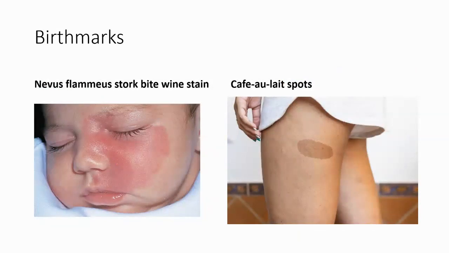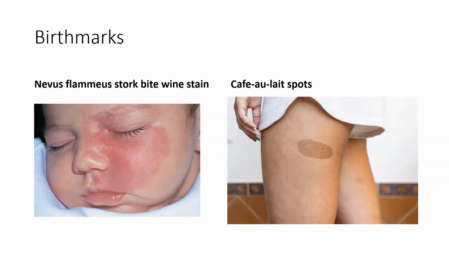These are some birthmarks. So this is called nevus flammeus. And another name for it, you may have heard it be called a stork bite or a wine stain. And sometimes these resolve on their own and they disappear. Oftentimes they fade.